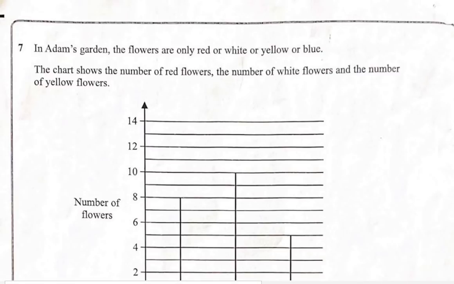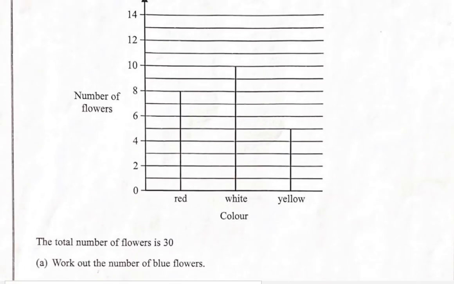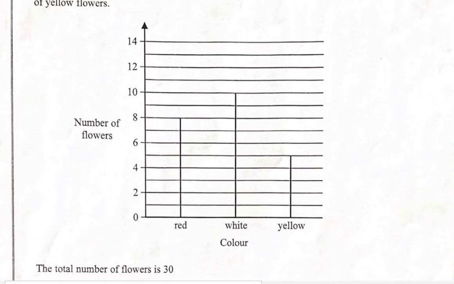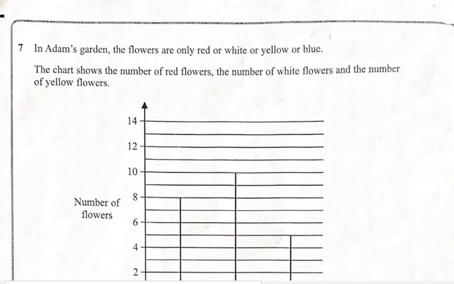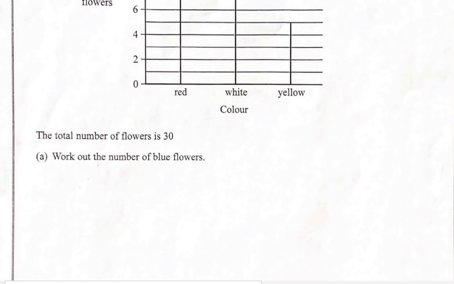So the total number of the flowers is 30. Work out the number of the blue flowers.